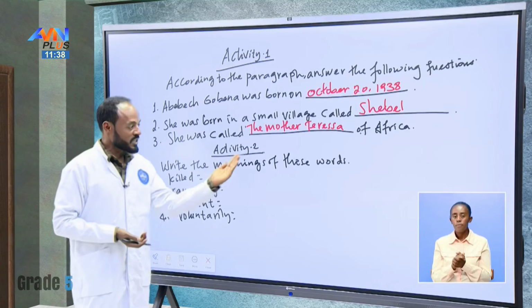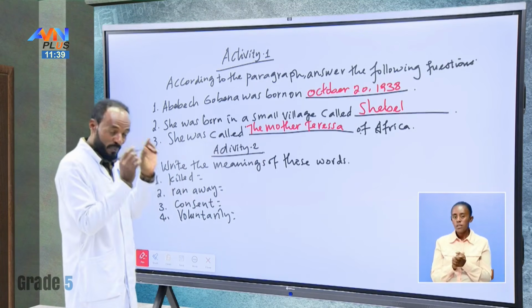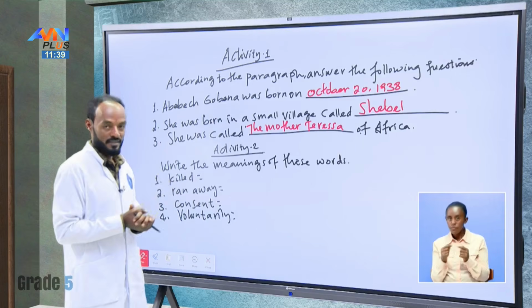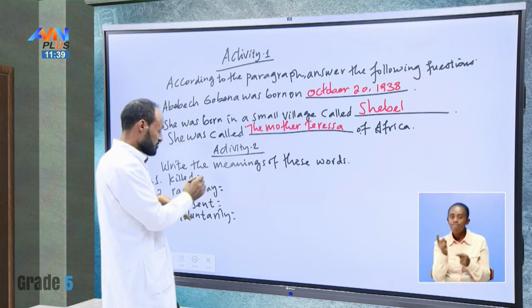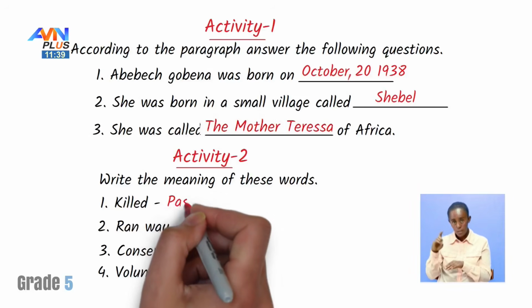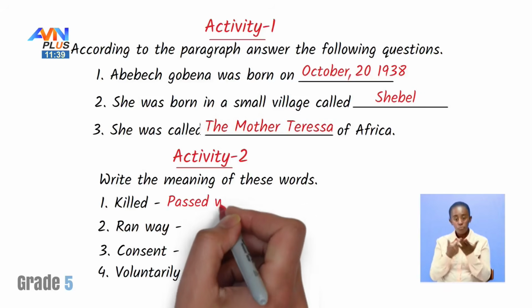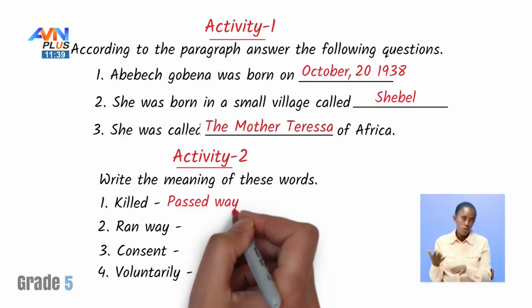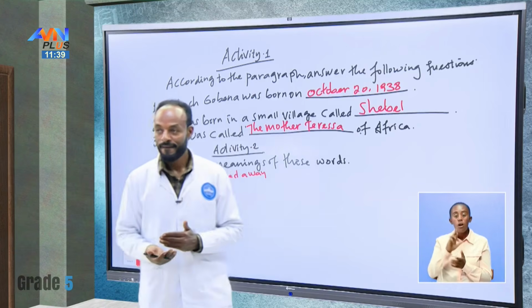Write the meanings of these words. According to the passage, the word killed. Killed means passed away. This means died. Okay? What about run away here?